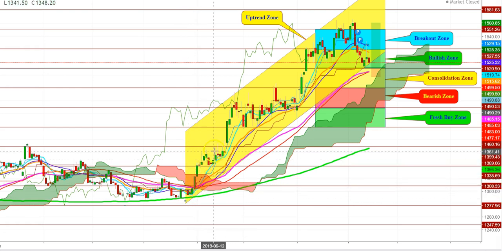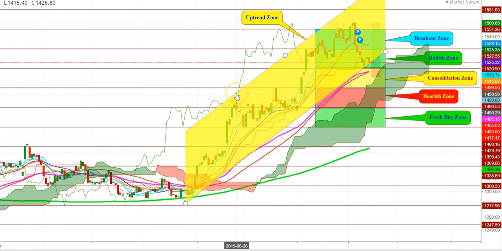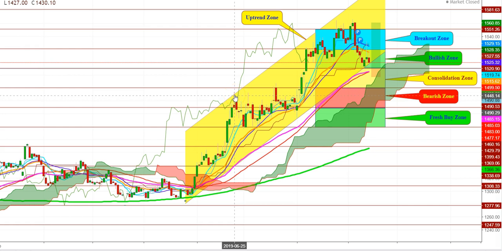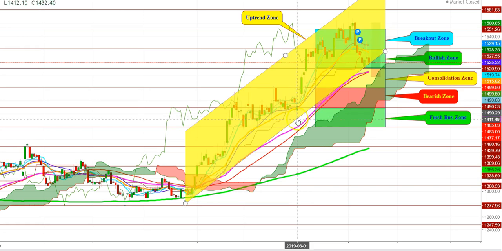And since then we can see the gold futures have taken sharp upward moves up to the upper end of this uptrend zone when the gold futures touched their first highs of this season at the level of $1448 on June 25th, 2019. And since then we have seen a good consolidation here when the gold futures once again moved downward and touched the lower end of this uptrend zone on August 1st, 2019.